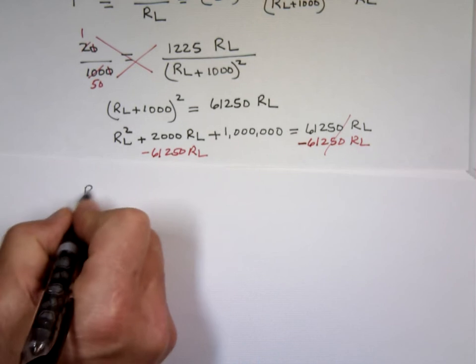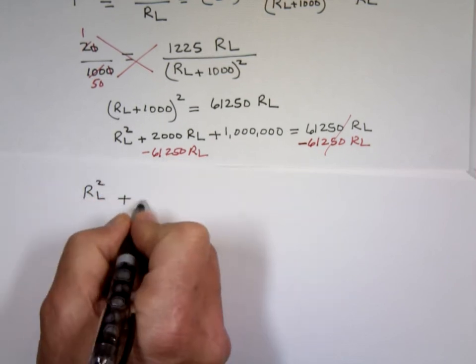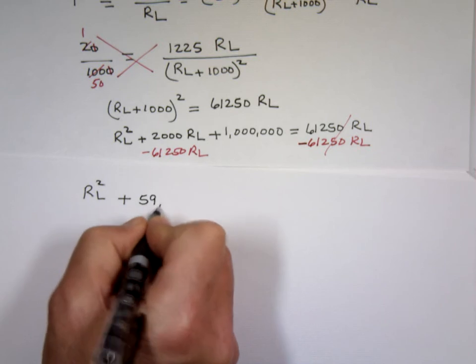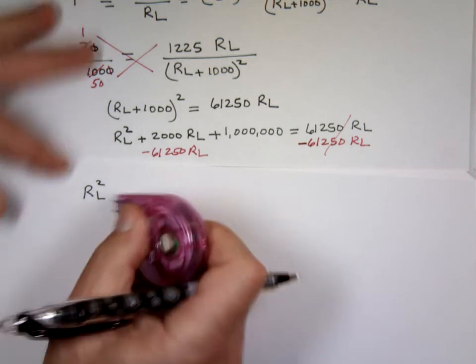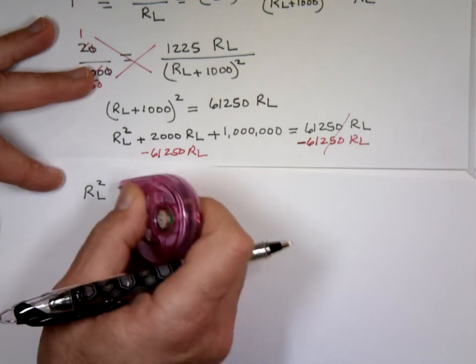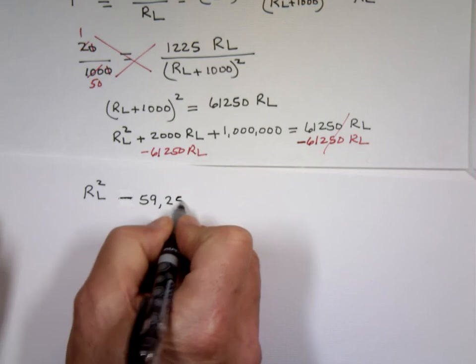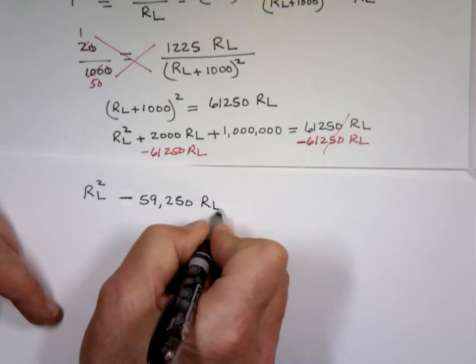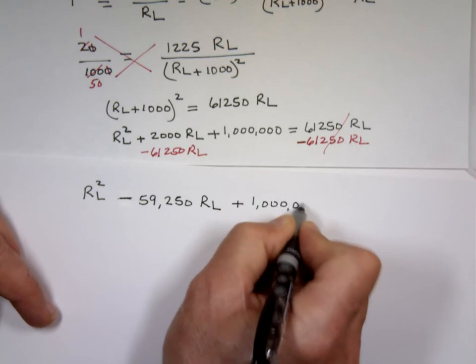R sub L squared minus 59,250 R sub L plus 1 million equals 0.